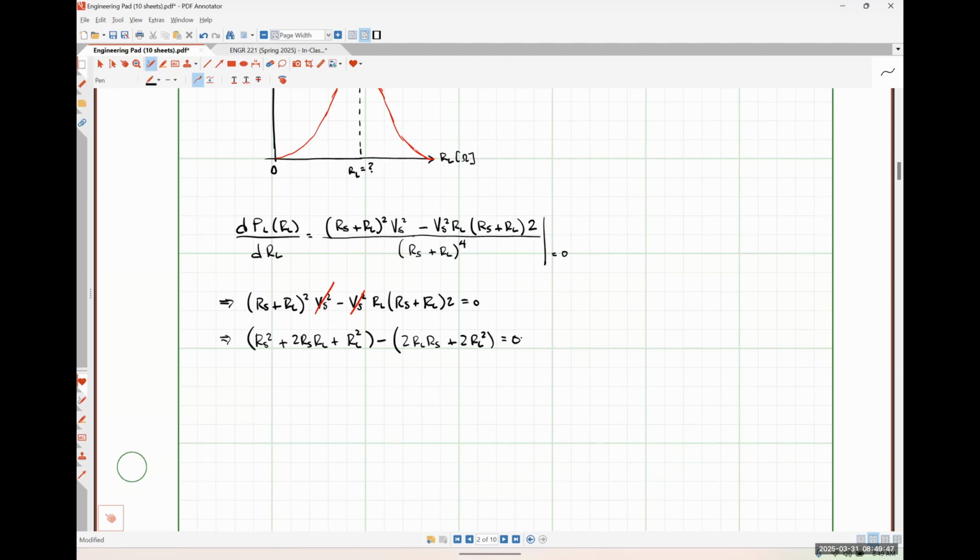And set this equal to 0. Now I believe I can see that this 2RSRL cancels this minus 2RSRL, and I'm going to have an RL squared minus 2RL squared. So this simplifies down to RS squared minus RL squared is equal to 0. So it seems to me like RS must be equal to RL in order for maximum power transfer to occur.